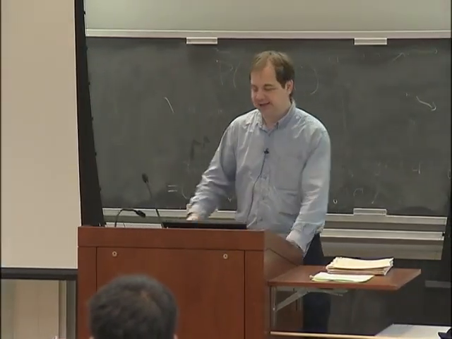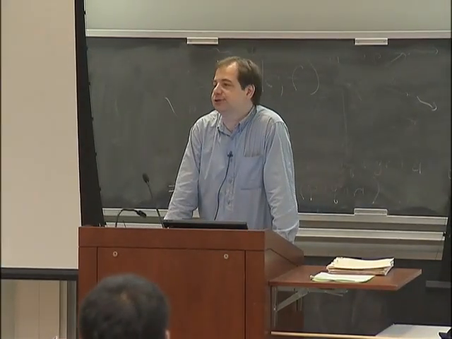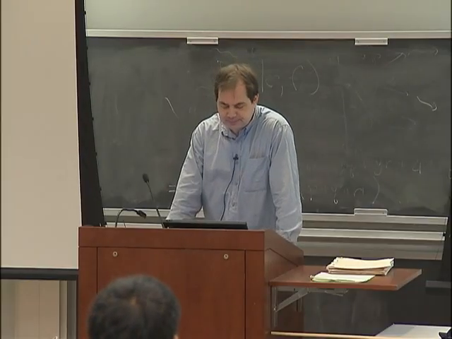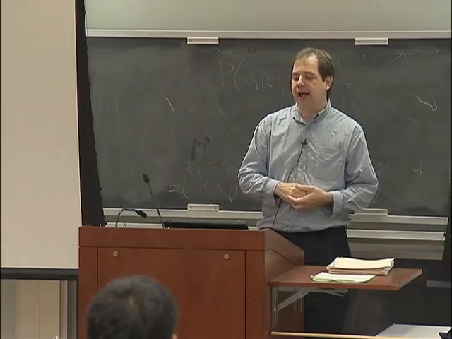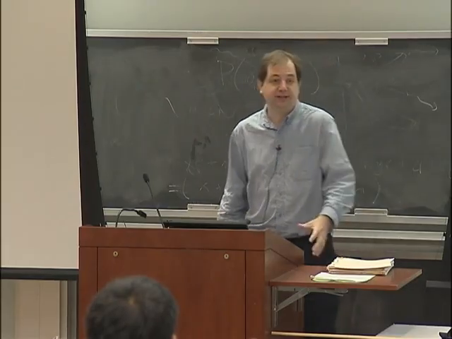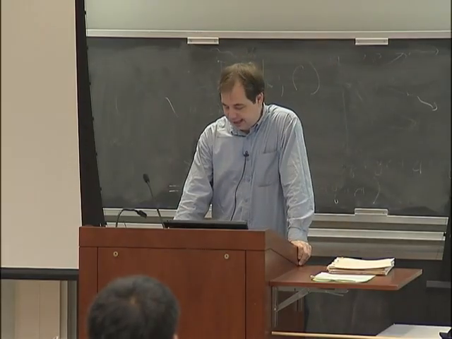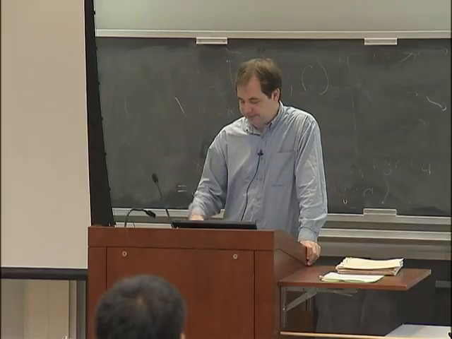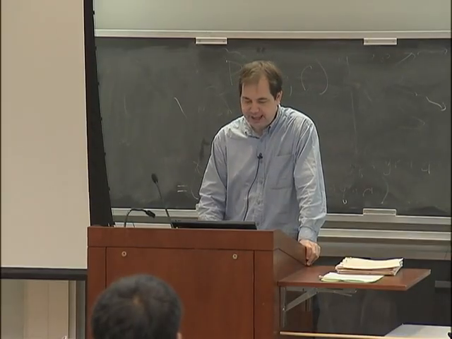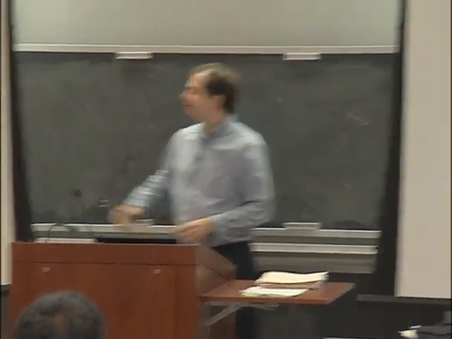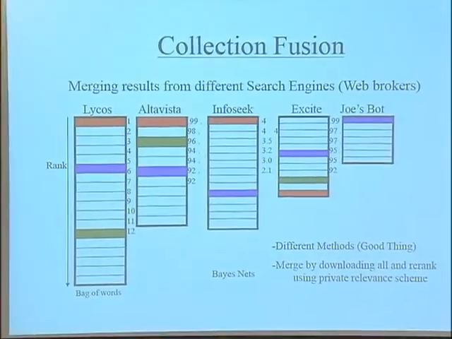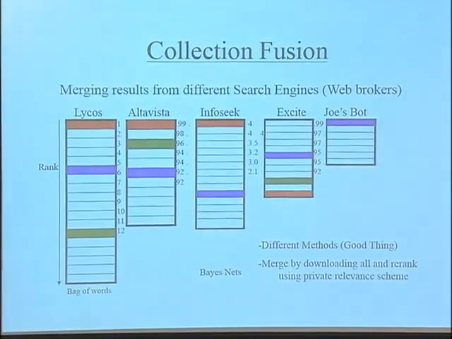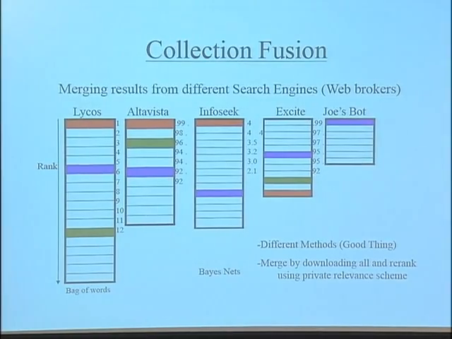And this data fusion is something that is obviously of interest to general statistical modeling, but it is particularly useful for the IR framework where, at least prior to Google, we did not have this notion of superior modeling from any one source. So the general notion here is that we have all these different systems out here. We have Lycos, AltaVista, InfoSeek, and we can replace them today with Google, but it doesn't really matter.